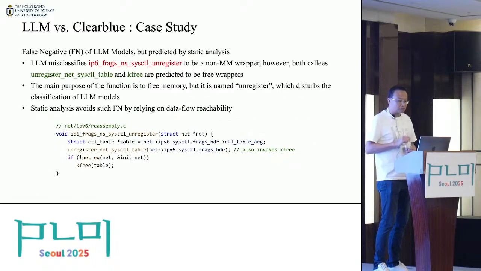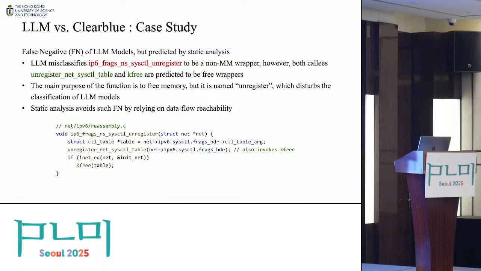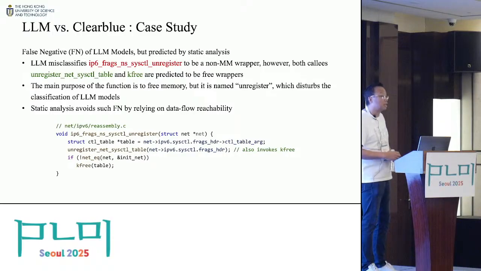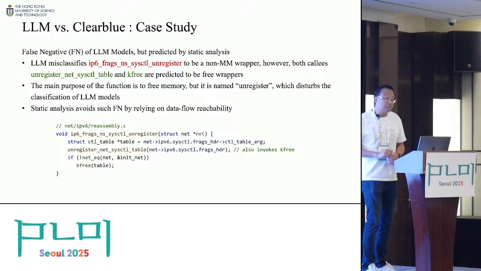Another case where LLM fails is that the name of the function doesn't have a clear connection with the idea of memory allocation. It's called on register. But basically, on register means that it's going to clean up the memory. In this case, Clear Blue is able to figure out the data flow because it's pretty shallow, but LLM cannot. Okay, which I think is predictable.